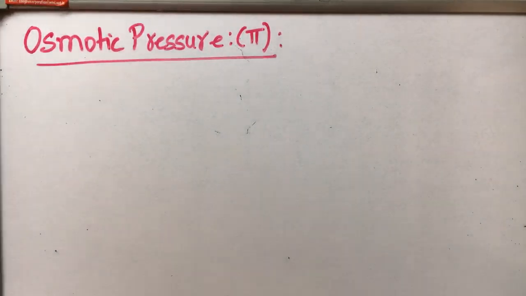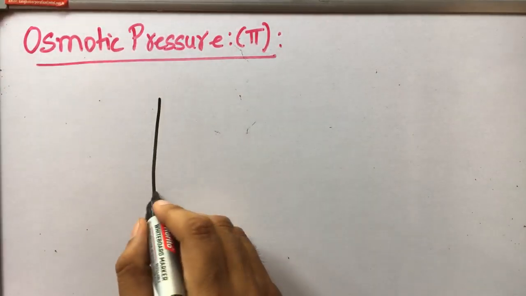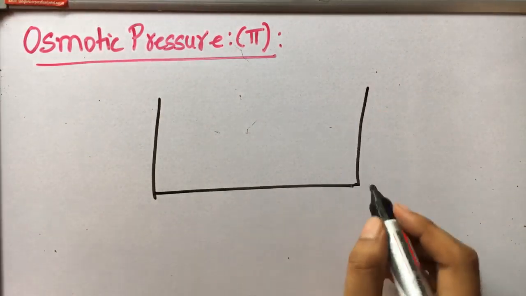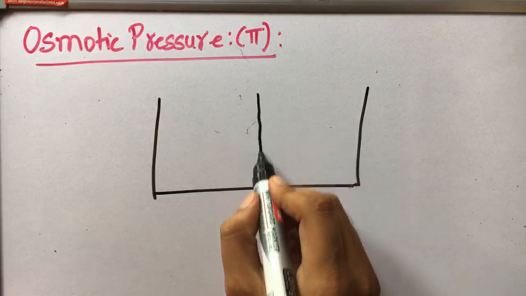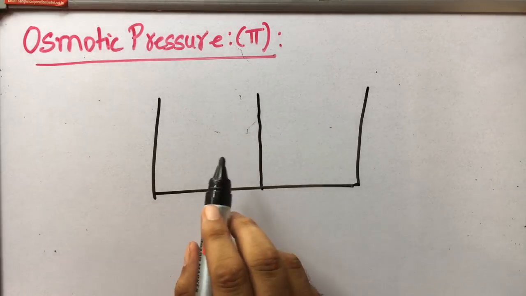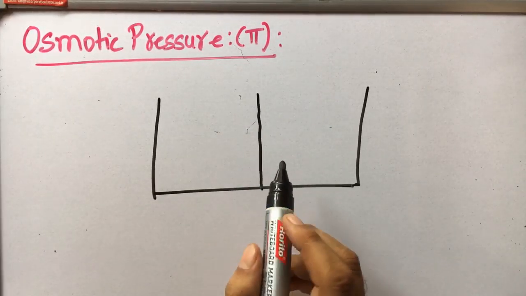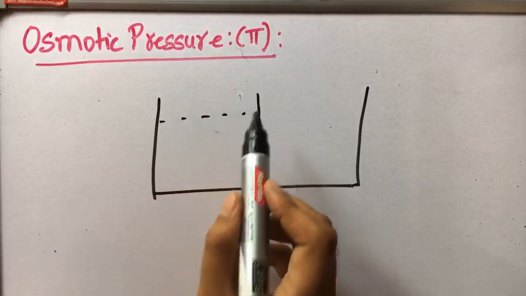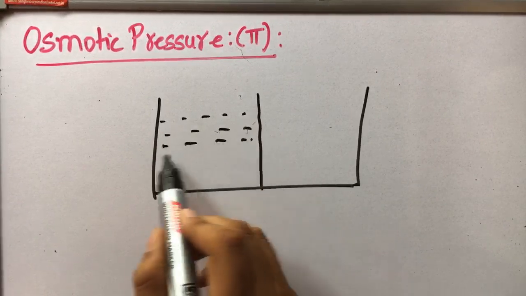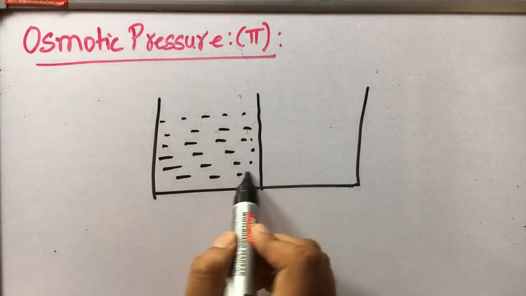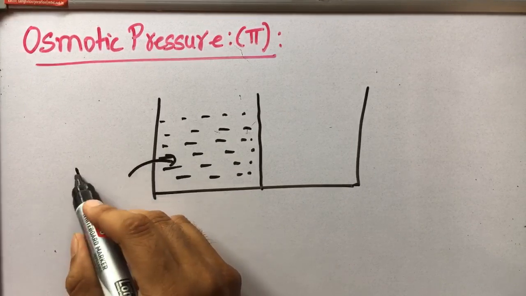Now let us come to the point of osmotic pressure. The required concept here is osmotic pressure. Now let me say that we have a compartment. A big vessel is divided into 2 compartments. Let me say on one side we have pure solvent.